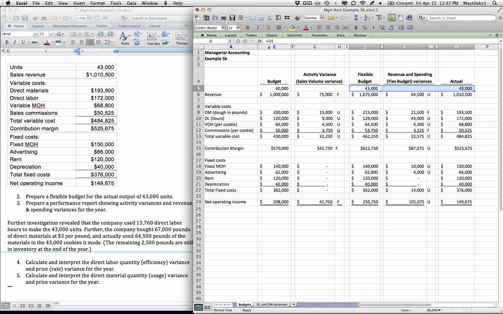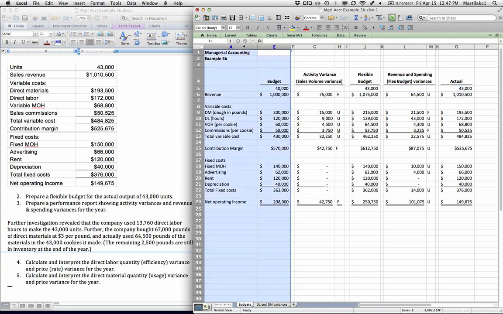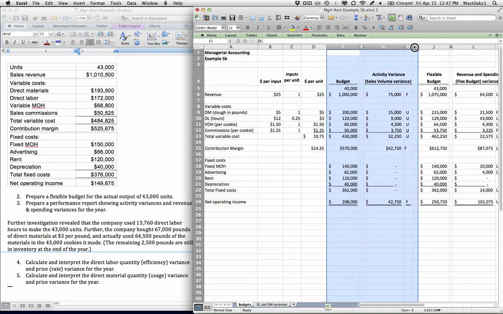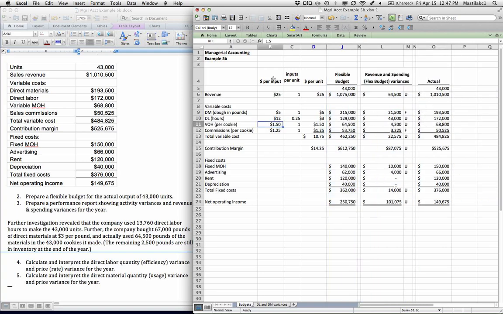And here's where these hidden columns that I hid from a few examples ago come into play. So I'm going to unhide these columns and bring them back into play. And I'm also going to hide the few that aren't terribly relevant to what we're doing right now. If you think about a few videos ago when we came up with our budget, what we came up with was the dollars per unit for each cookie that we're making, for each of the inputs that we're using.